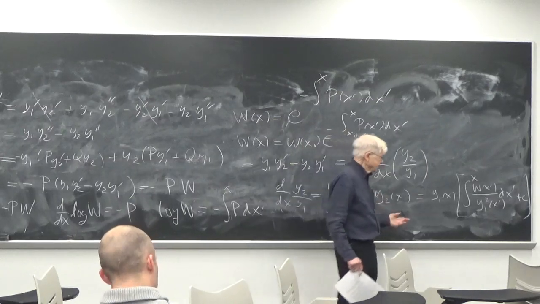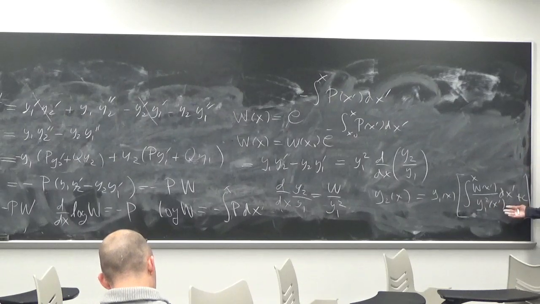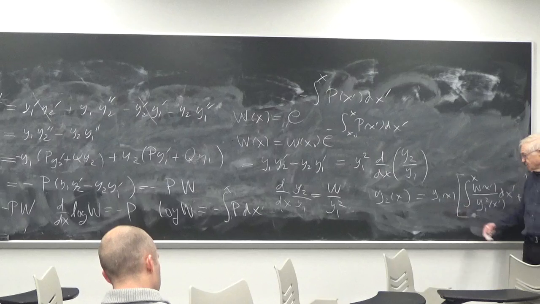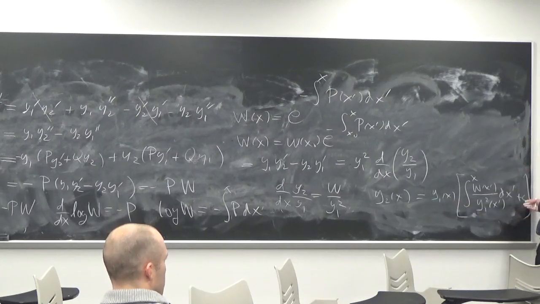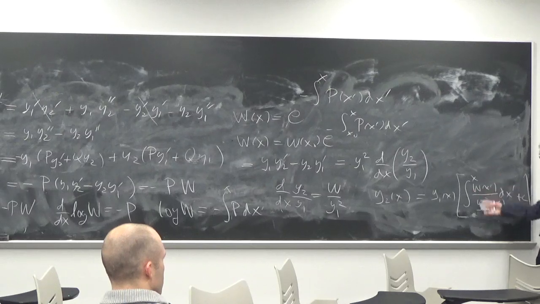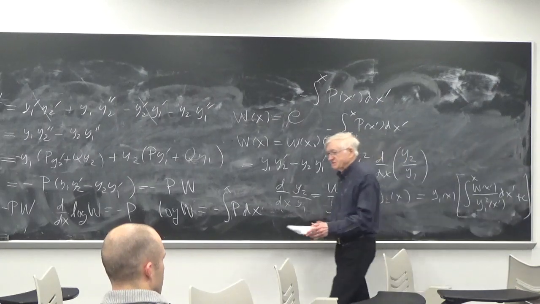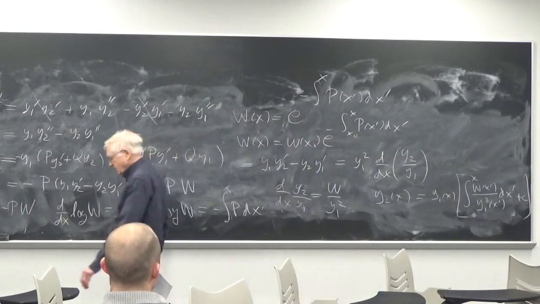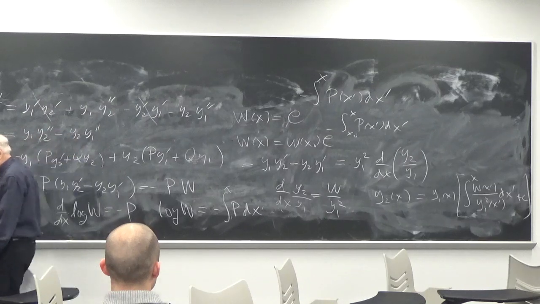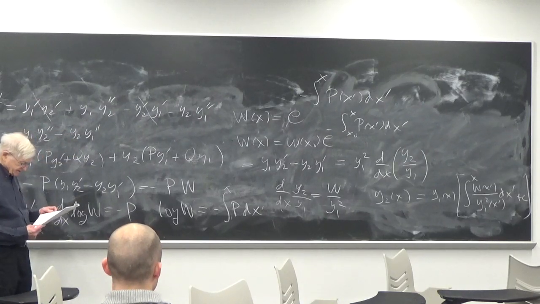And this second solution, you can see, is just in general linearly independent of the first solution, because it's the first solution times a constant plus the first solution times an integral involving the Wronskian and y1 squared integrated. So I suppose there could be cases where they're linearly dependent, but that would be a remarkable coincidence.